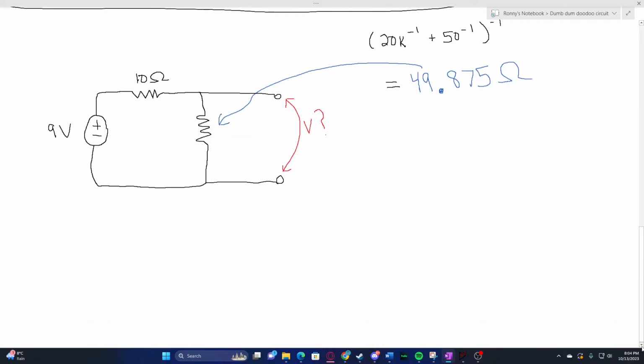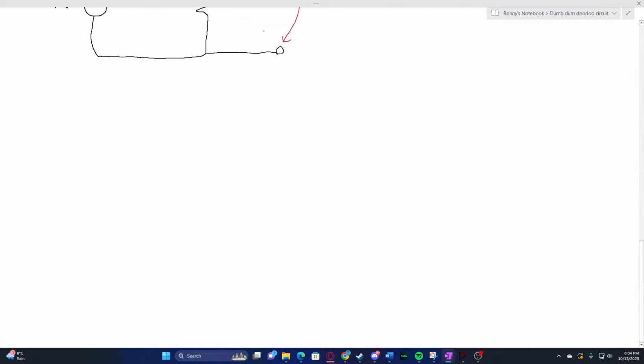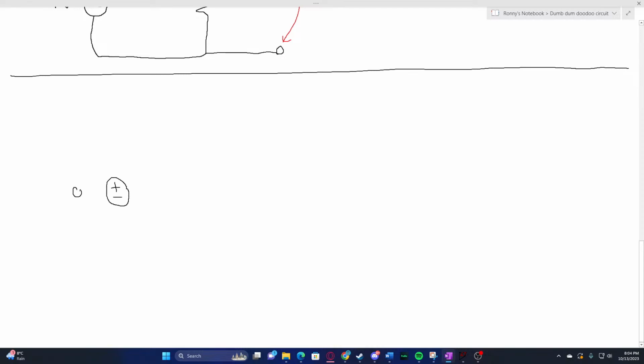So let's see. If I keep going, I now want to add the 49.875 ohm resistor and the 10 ohm resistor together, and I get 59.875 ohms with 9 volts.